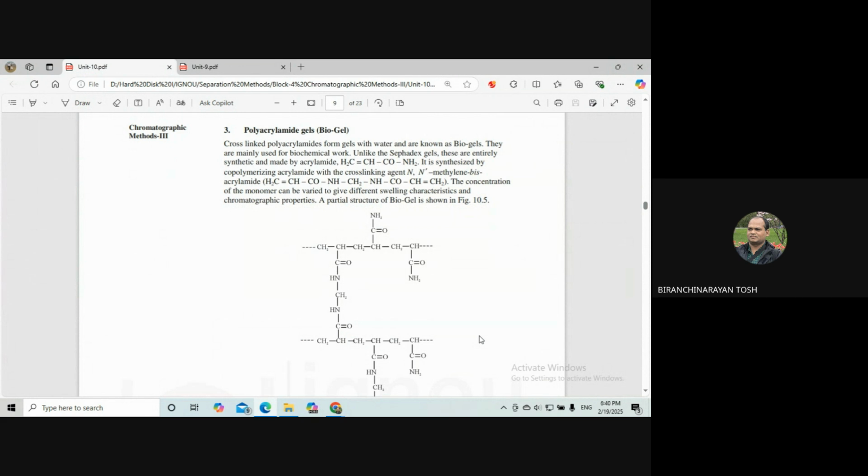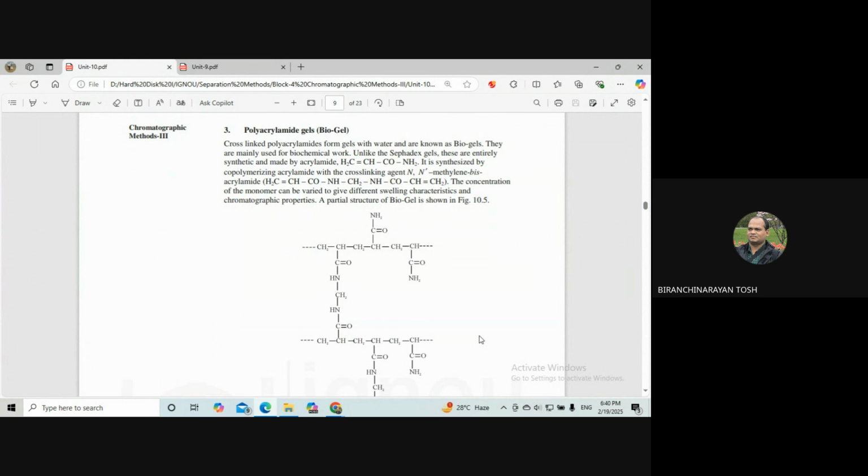They are mainly used for biochemical work. Unlike the Sephadex gel, these are entirely synthetic and made from acrylamide, CH2=CH-CONH2. It is synthesized by copolymerizing acrylamide with the cross-linking agent N,N'-methylene bisacrylamide.